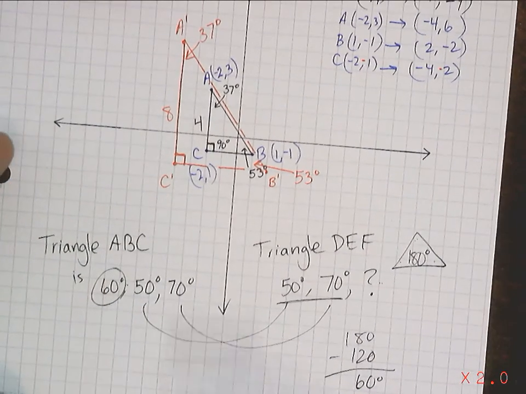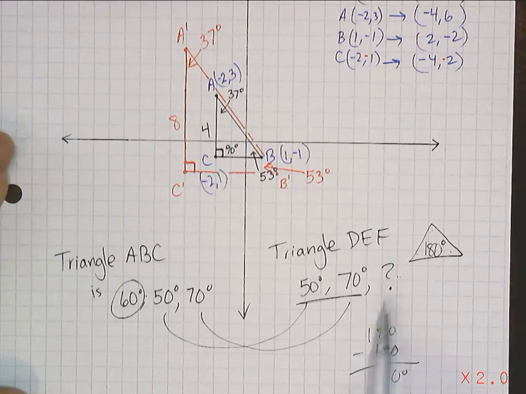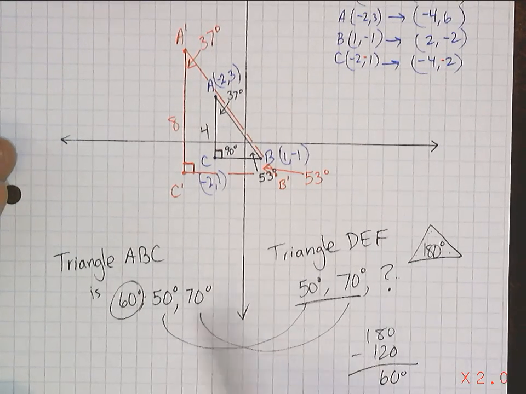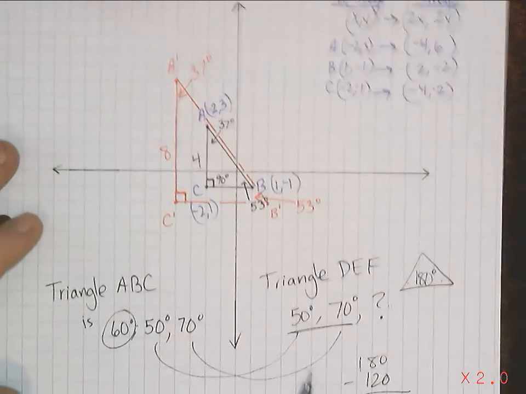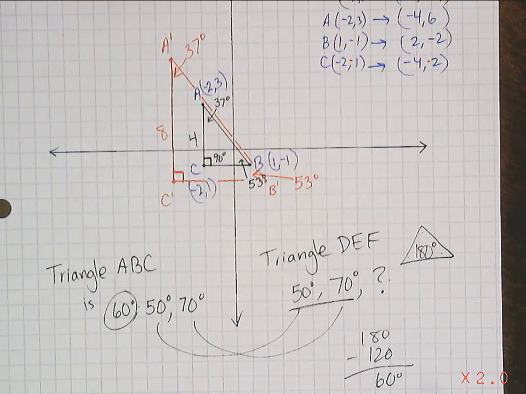So if the sum of your angles is 180 degrees and they match, the triangles are going to have congruent angles. They may not have the same side measurements. It may be a reduction, it may be an enlargement, but they will be similar because they have the same angle measurements.